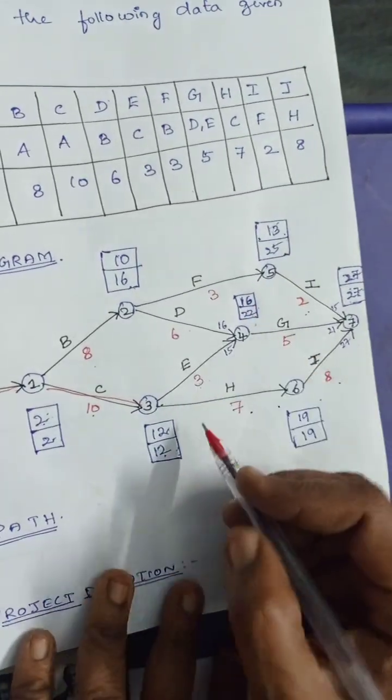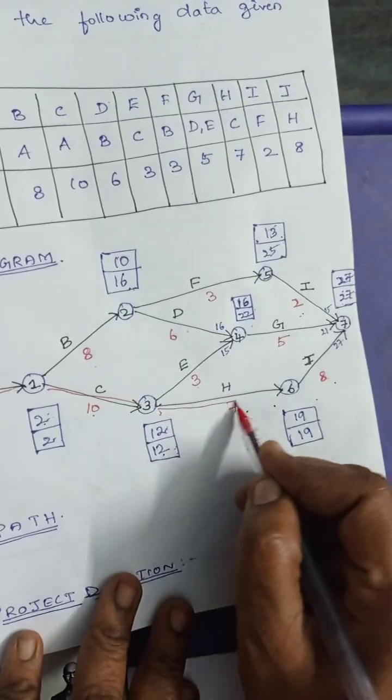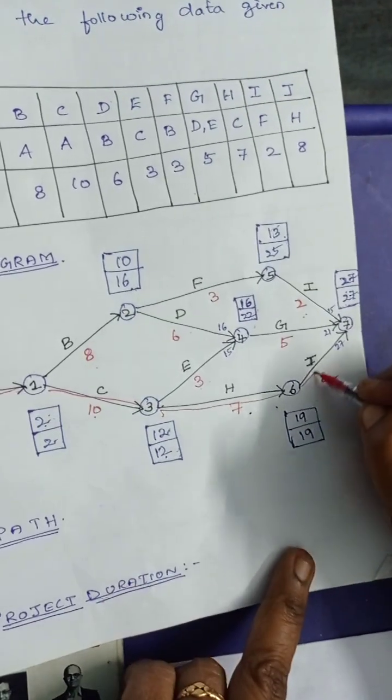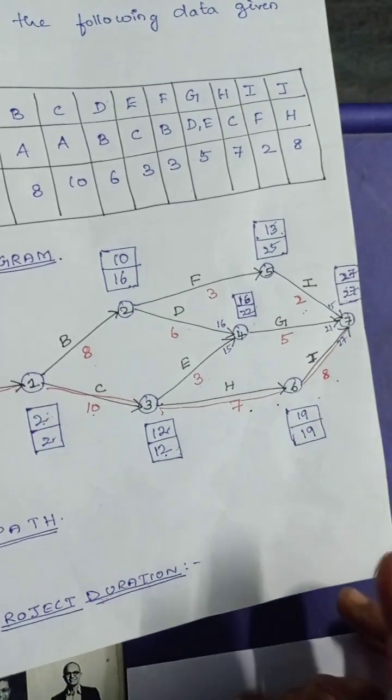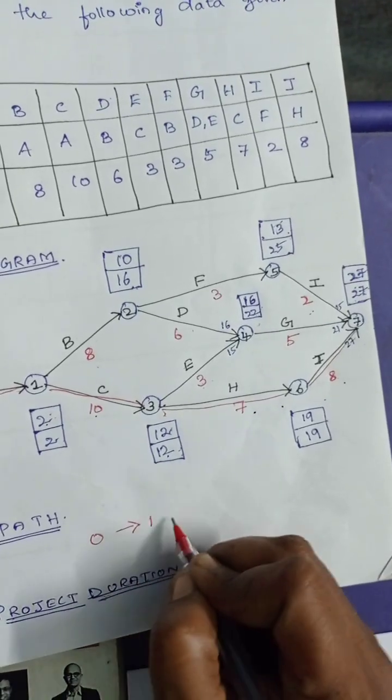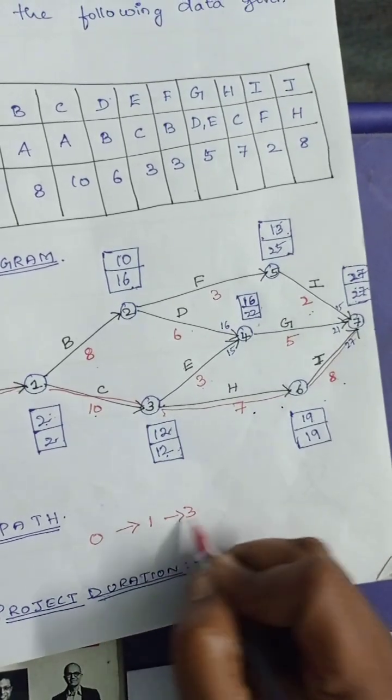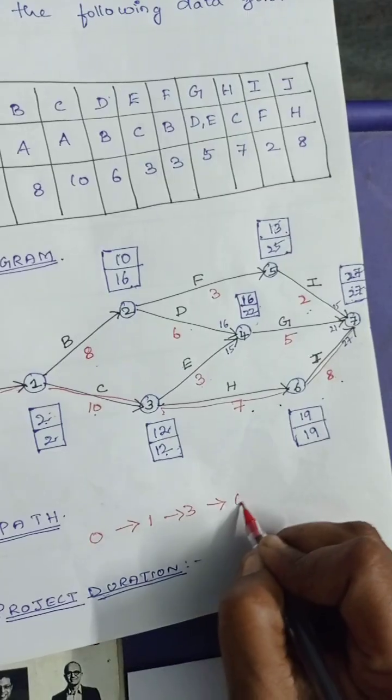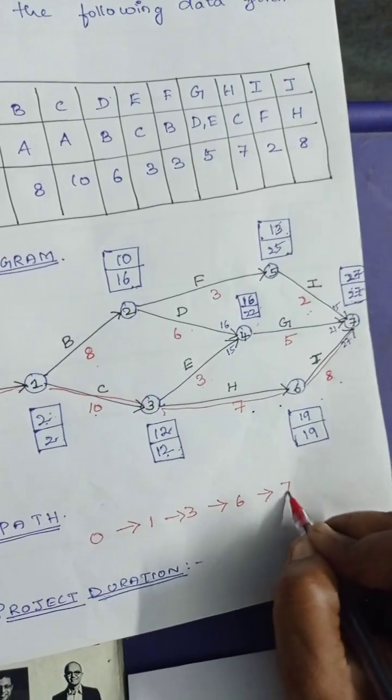Here you have different values, so you take this value and this one. So the critical path is 0 to 1, 1 to 3, 3 to 6, 6 to 7.